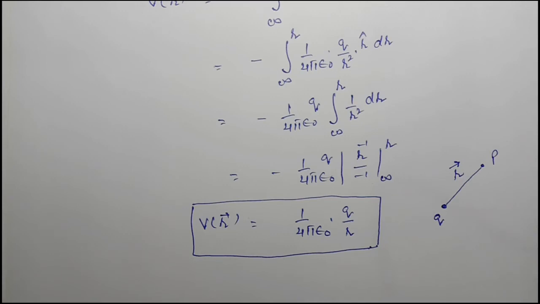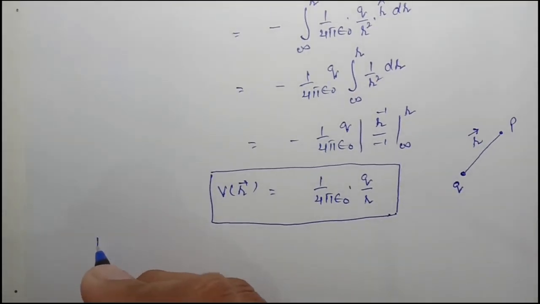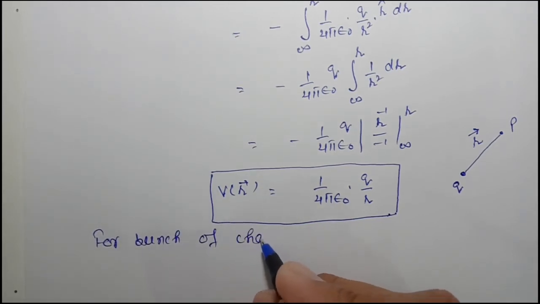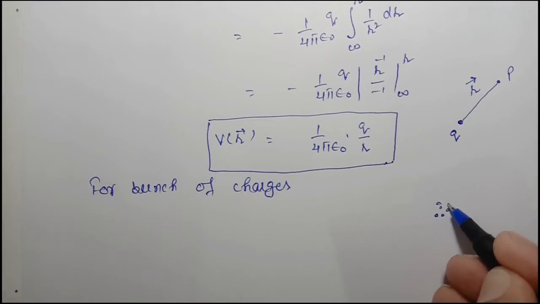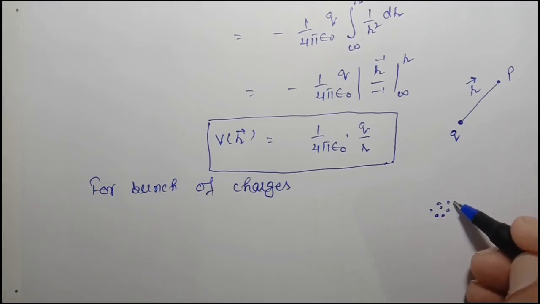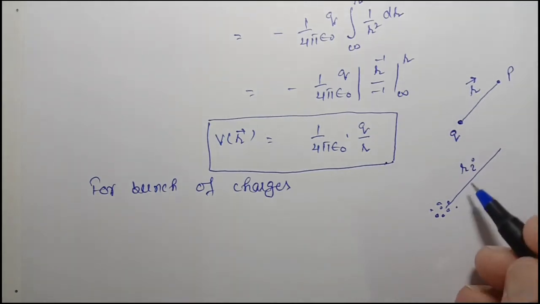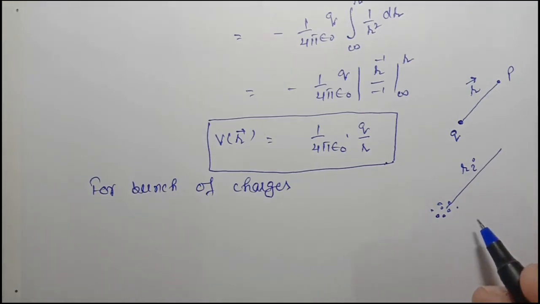Now when we have a bunch of charges, that is, suppose here in place of one charge we have a number of charges, and the distance from this to this is ri, that is r1 for the first charge, r2 for the second charge, r3 for the third charge, and so on.